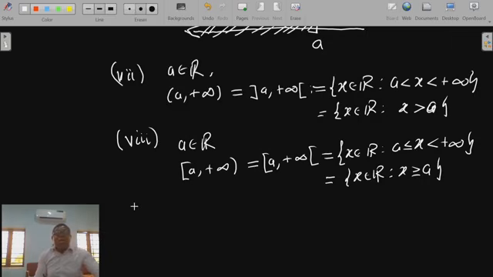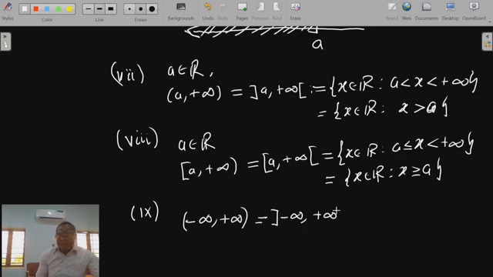Considering what is always presented to students at this elementary level, the last one that is usually presented is the one I'll call IX. IX is nothing but the interval minus infinity to plus infinity, and this can be denoted by minus infinity plus infinity.